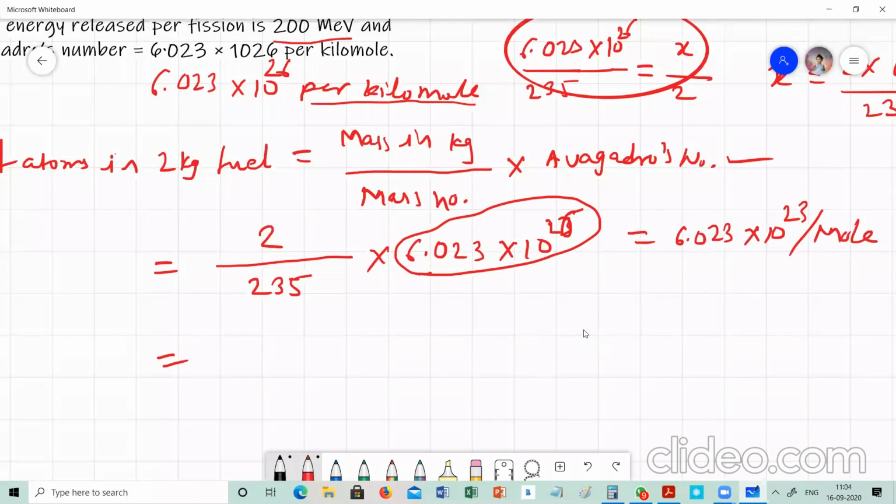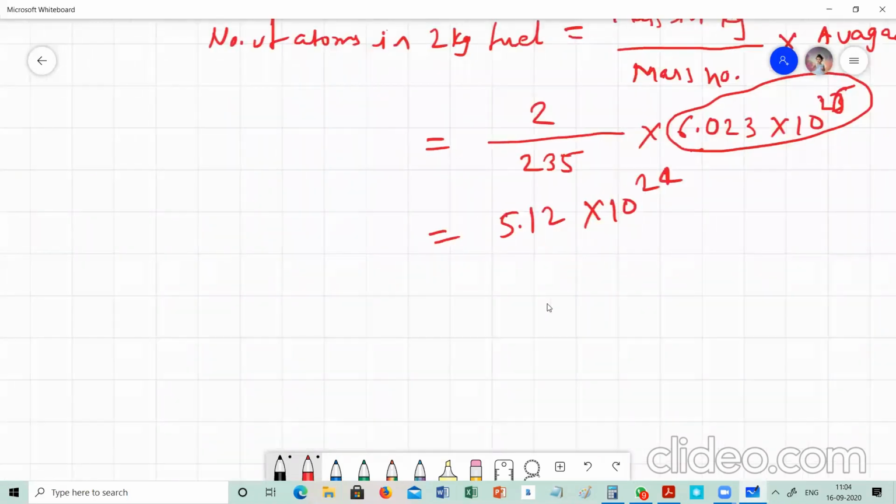If they are given per kilomole, then it is 10 raised to 26. If we do this multiplication, the answer will be 5.12 into 10 raised to 24. This number of atoms are there in 2 kilogram of fuel.